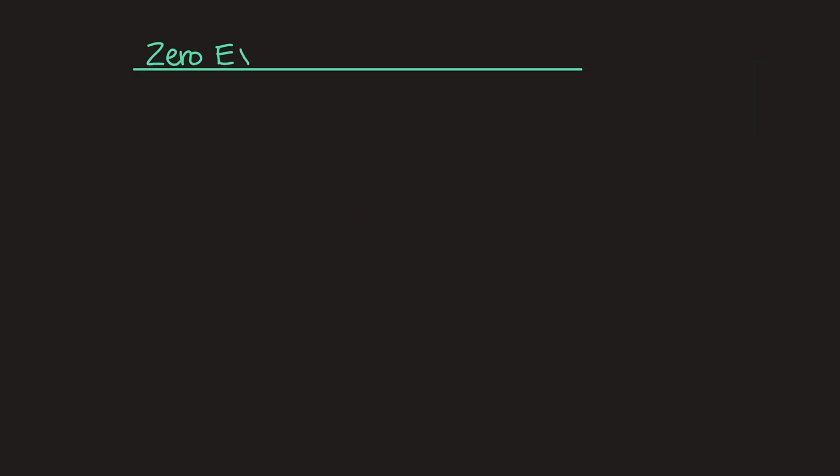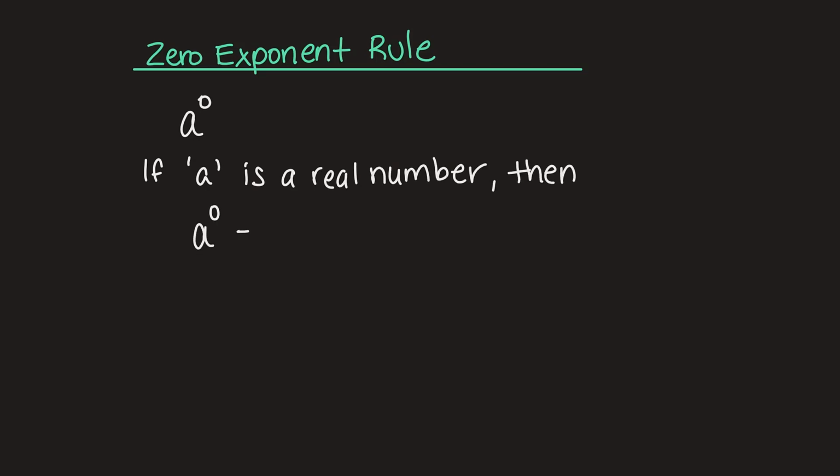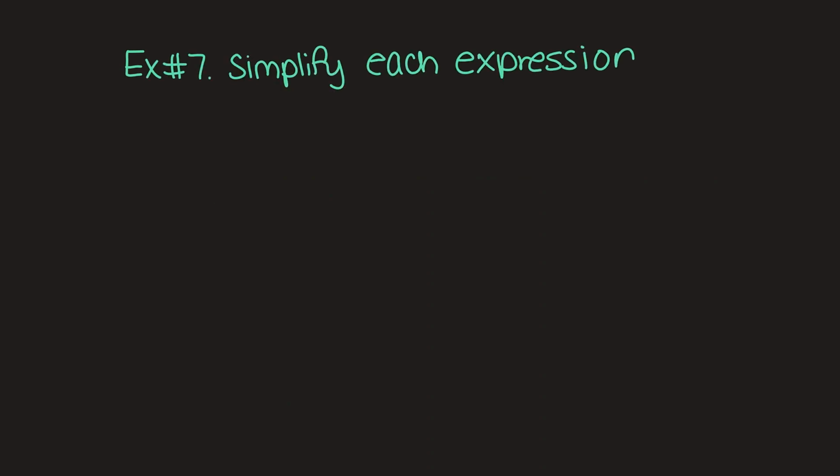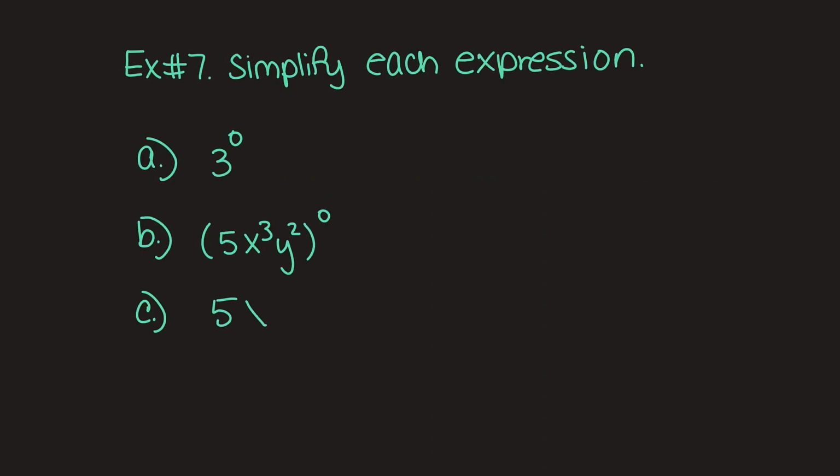So the 0 exponent rule says if we have a base raised to an exponent of 0, then it just equals 1. So let's apply this rule to the following examples. For the first expression, our base is 3, which is raised to an exponent of 0. Therefore, this expression simplifies to 1.